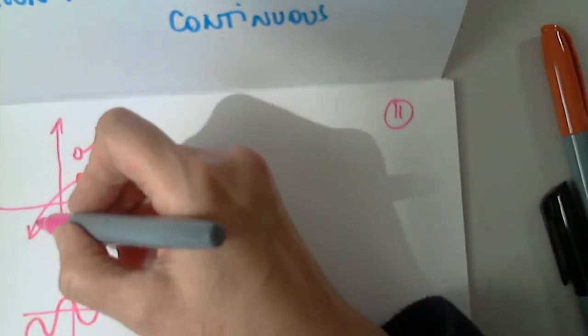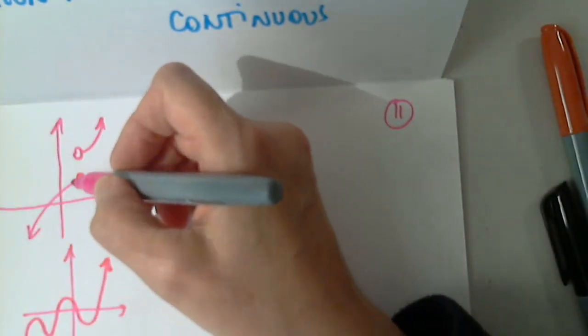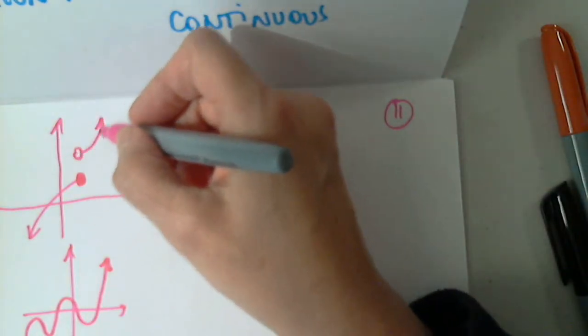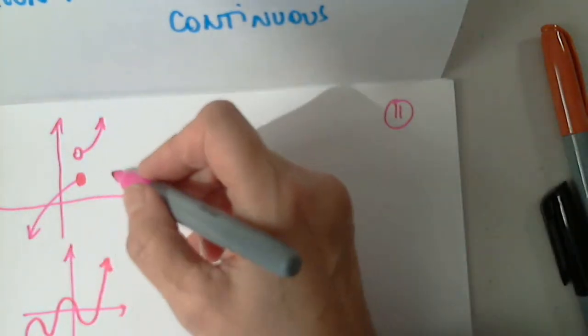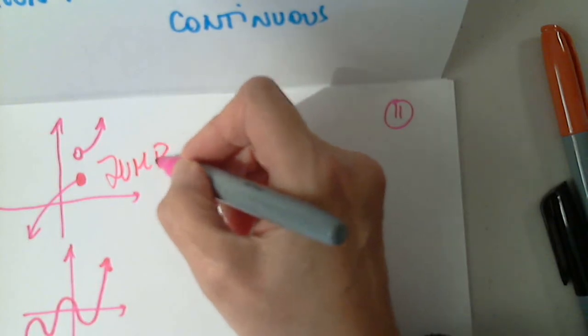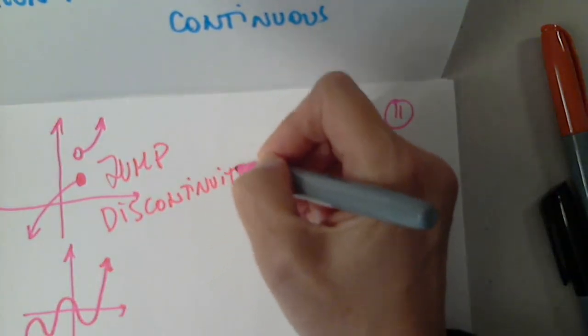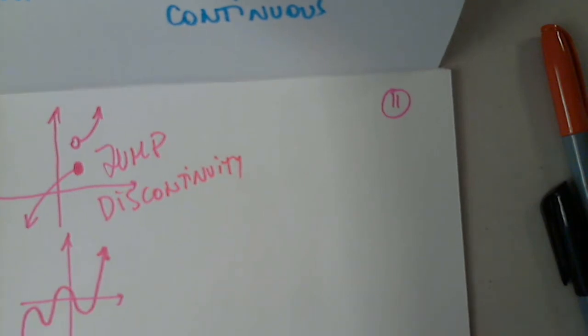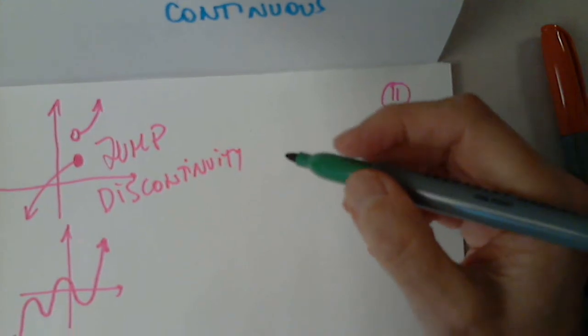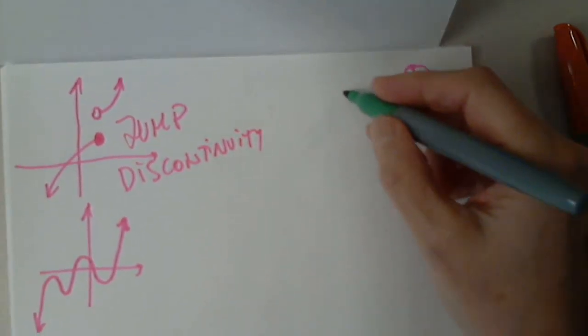Here I had no choice. I had to stop here, lift, and continue somewhere else. This is called a jump discontinuity. Here is another, and you will tell me what you think the name of this one is.